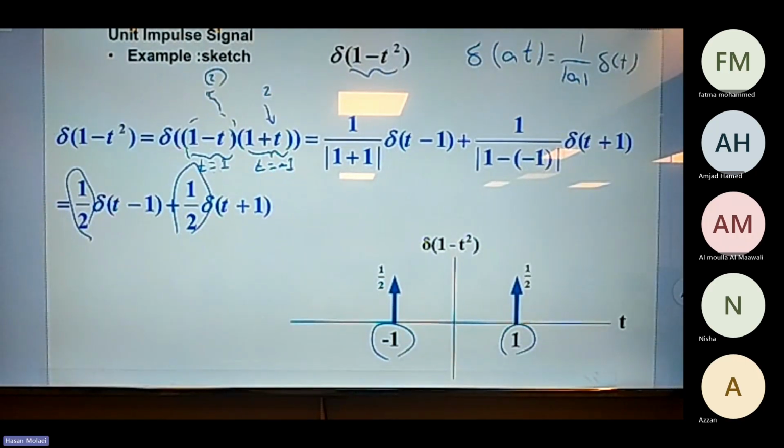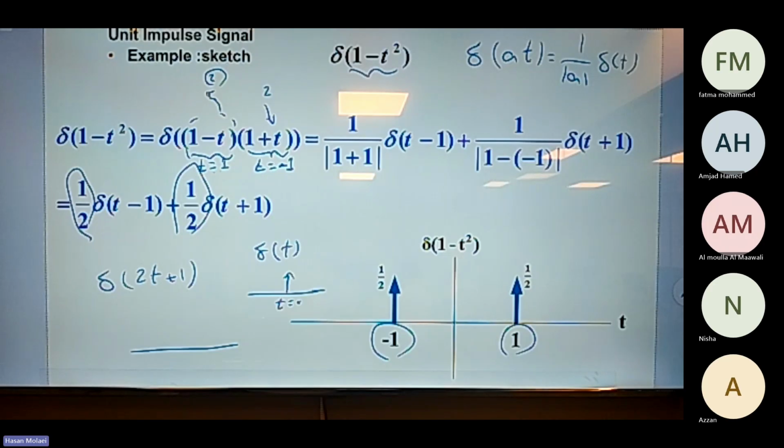Is it clear? You understand this? So now, delta of 2t plus 1. Now I can draw this. How do you find delta at 0?